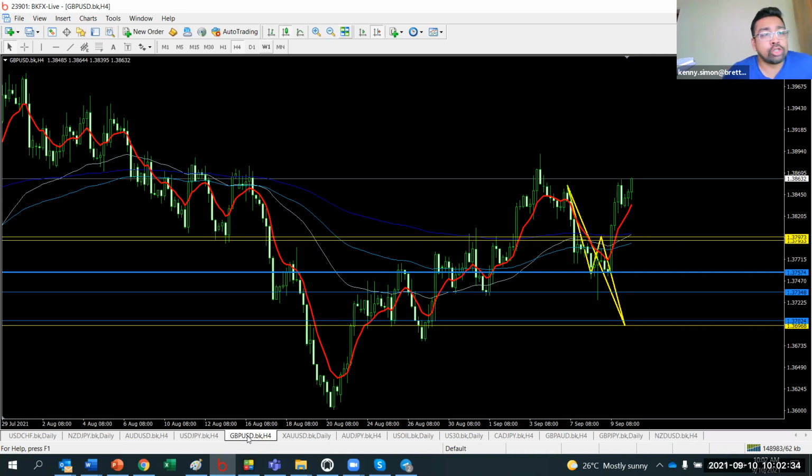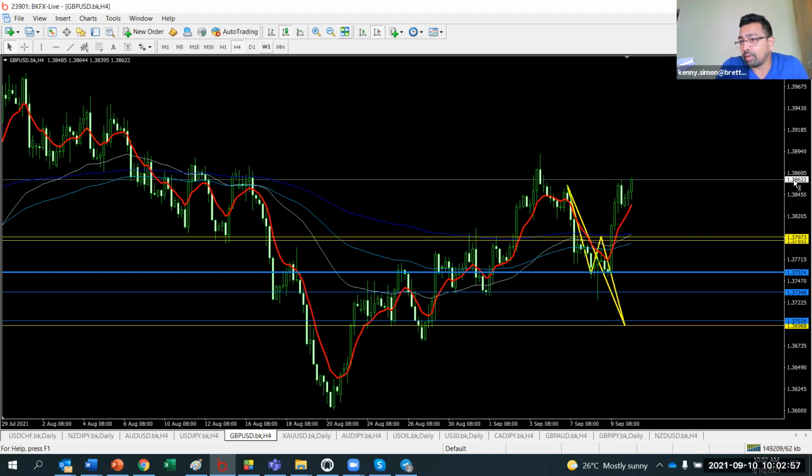Okay, so GBPUSD, for example. I'm looking at it from a daily chart, 4-hour chart perspective, and it is trading at the 1.3863 area at this moment. What I can see is it's approaching some sort of significant area of resistance.